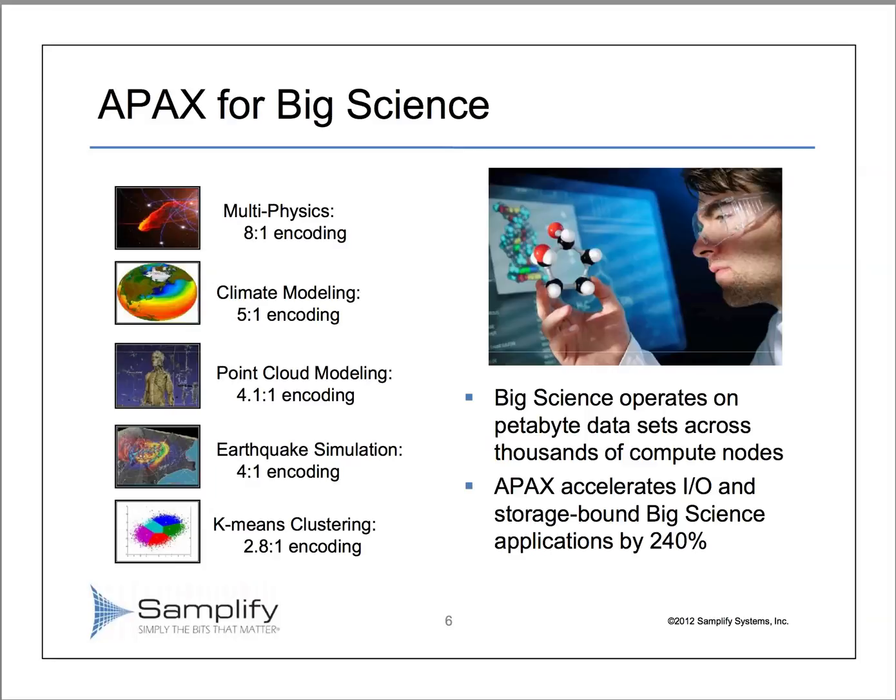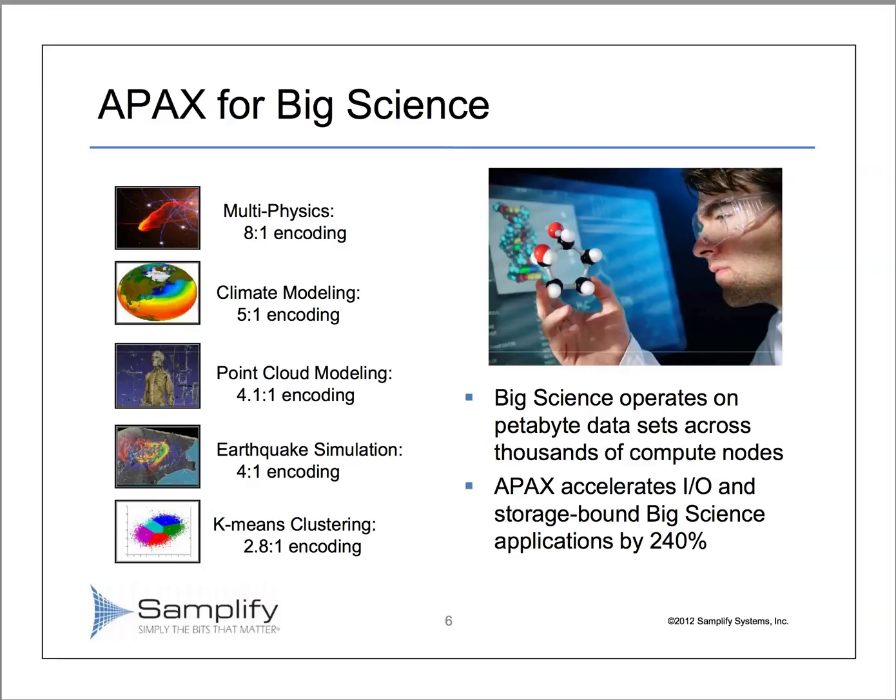And fundamentally what we have is the problem of data sets, which can be a petabyte in size, getting distributed over thousands or tens of thousands of compute nodes within a supercomputing data center. And what APAX does is accelerate the I/O and storage-bound big science applications, achieving an improvement of up to 240% in terms of time to results.